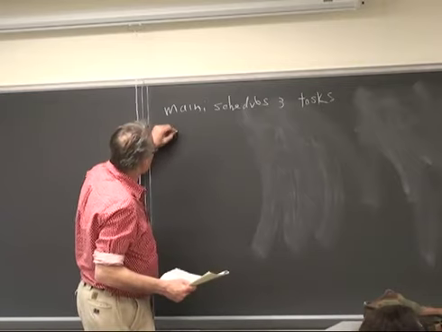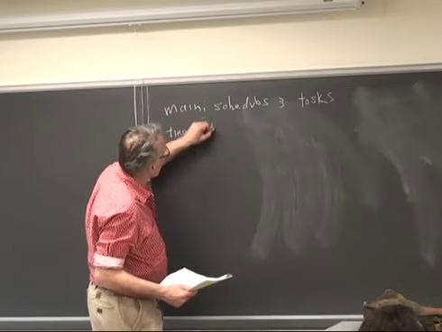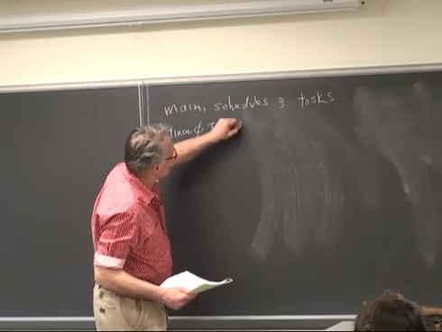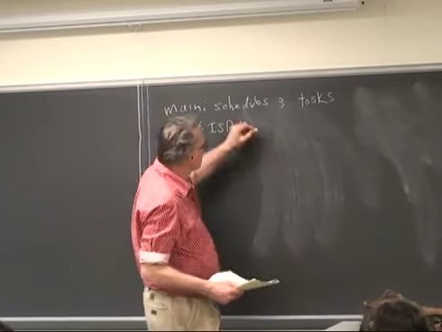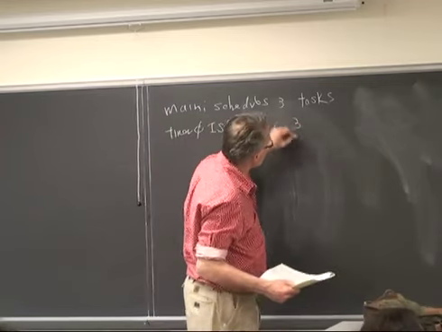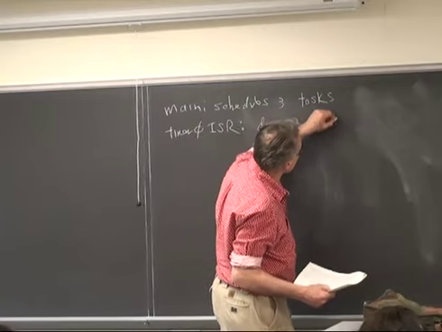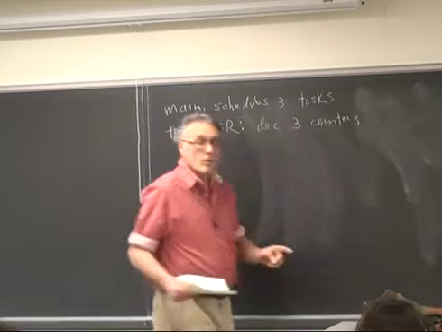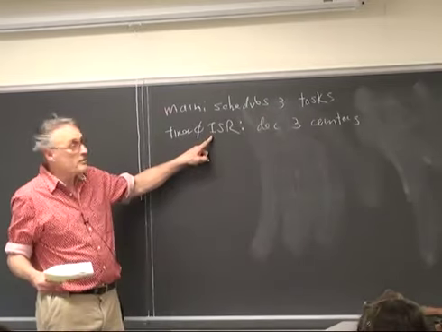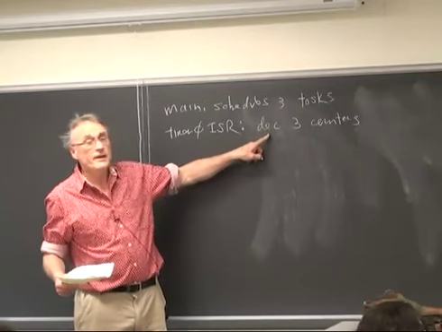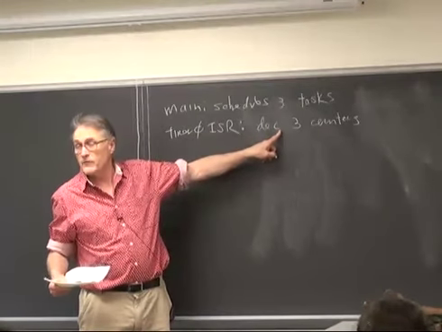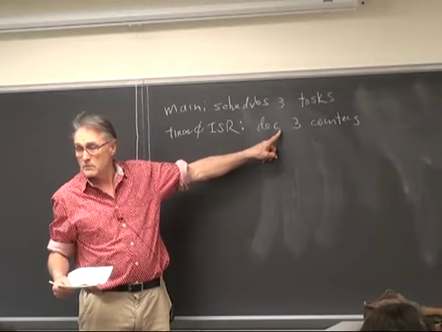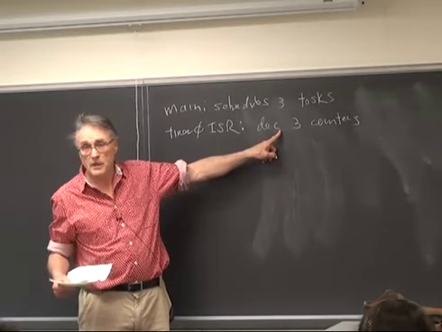The timer 0 ISR decrements 3 counters. So the timer 0 interrupt service routine is going to effectively build 3 virtual timers, 3 1 millisecond timers.